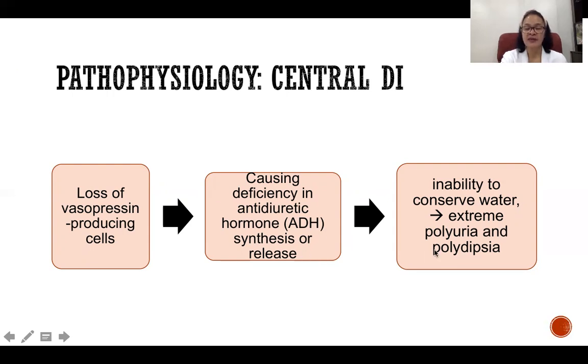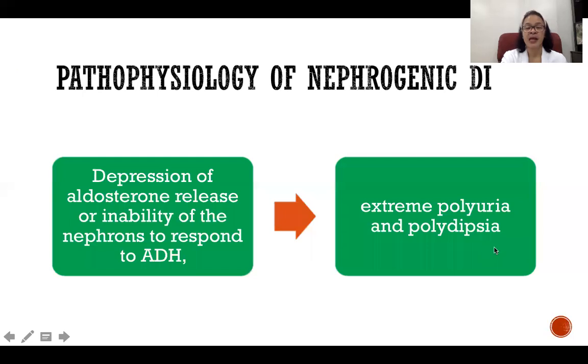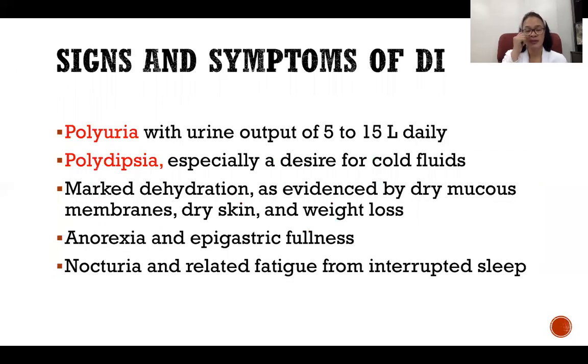So because of that, there would be inability to conserve water. Therefore, there would be extreme polyuria and polydipsia. And how about nephrogenic diabetes insipidus? So here on the kidney part, there is depression of your aldosterone release, or the inability of the nephrons to respond to antidiuretic hormone. So still the manifestation could be extreme polyuria and polydipsia.